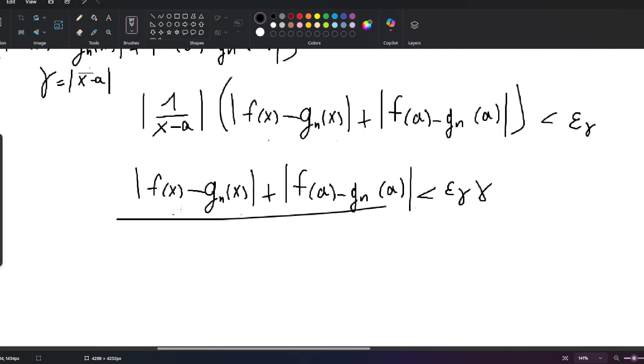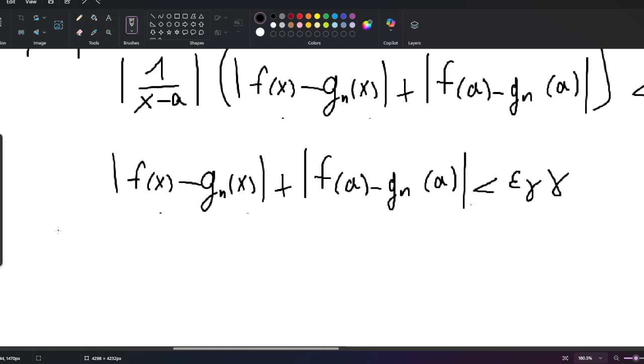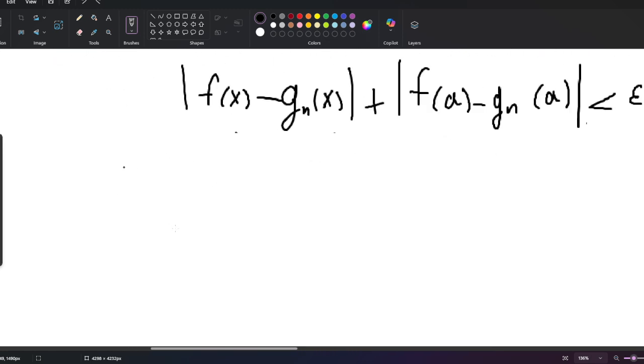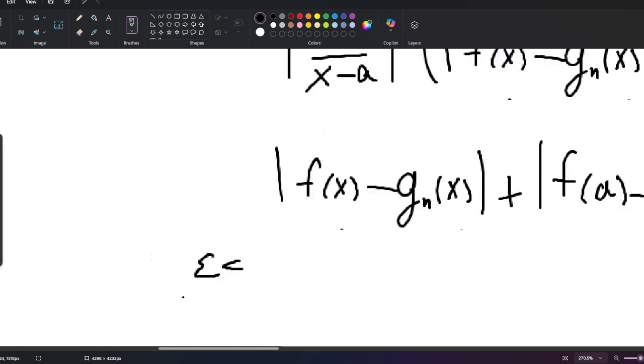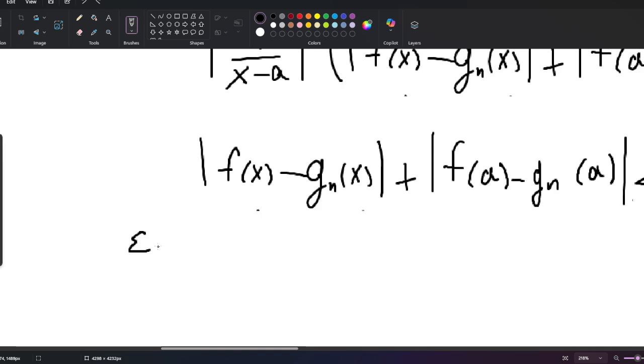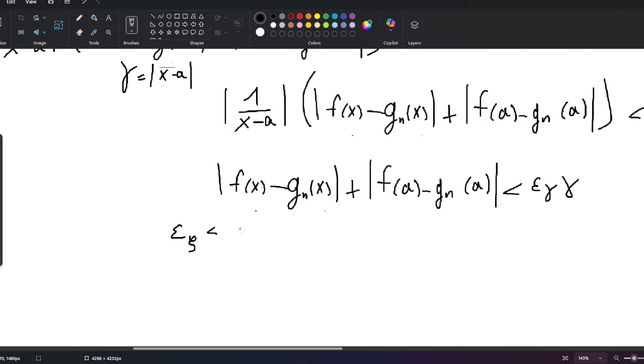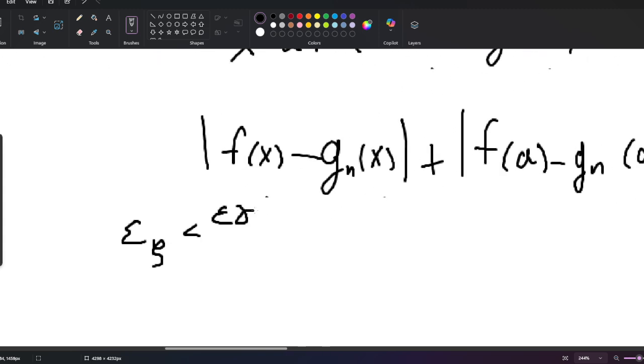Now what we can do is pick epsilon, let's call it epsilon theta, that is going to be less than epsilon gamma times gamma over 2.